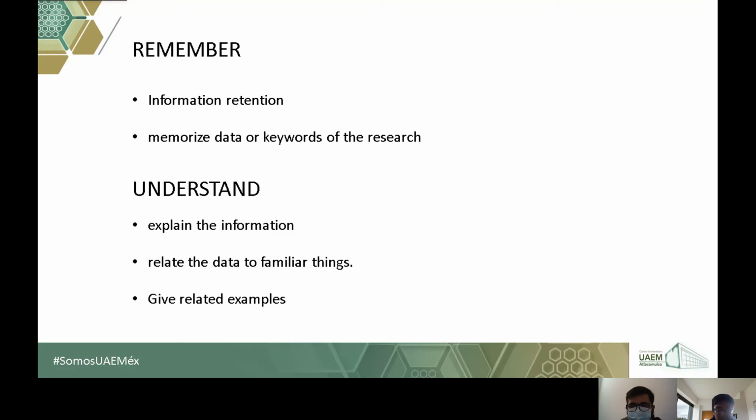In short, they must explain in their own words the information they related in the previous stage. Apply is the third stage. The objective is to use procedures and apply previous knowledge.